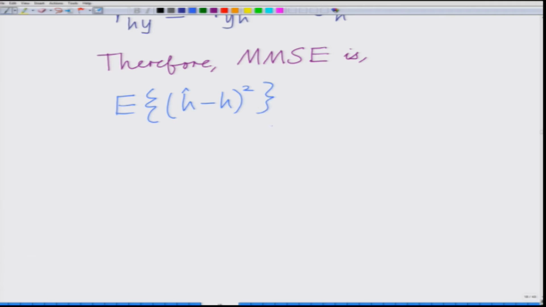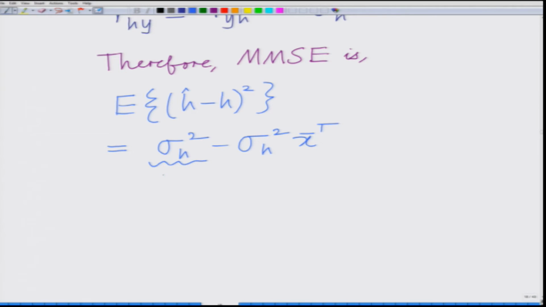expected value of |H hat minus H| square, this is equal to the MMSE, that is the minimum mean squared error, that is equal to, now substituting these quantities, R_HH sigma_H square minus R_HY, that is sigma_H square times x bar transpose.